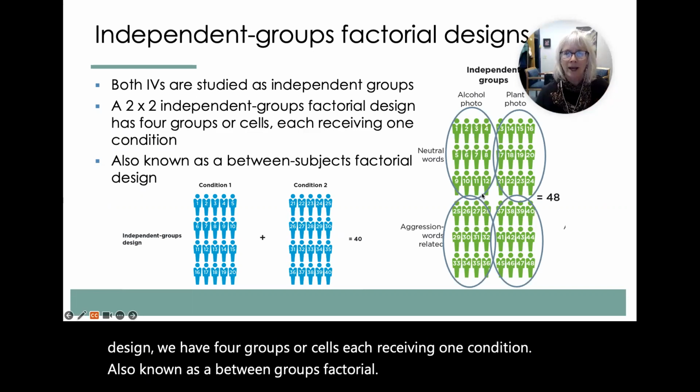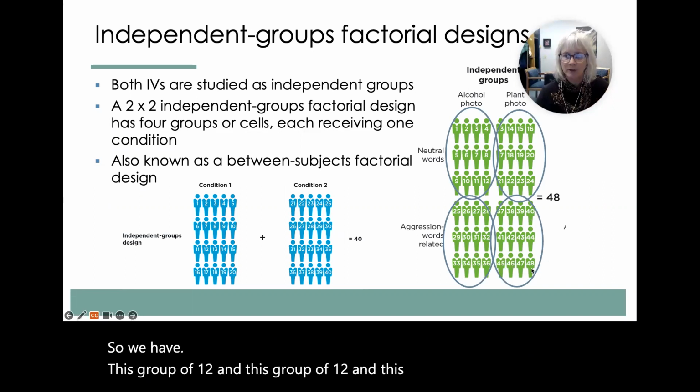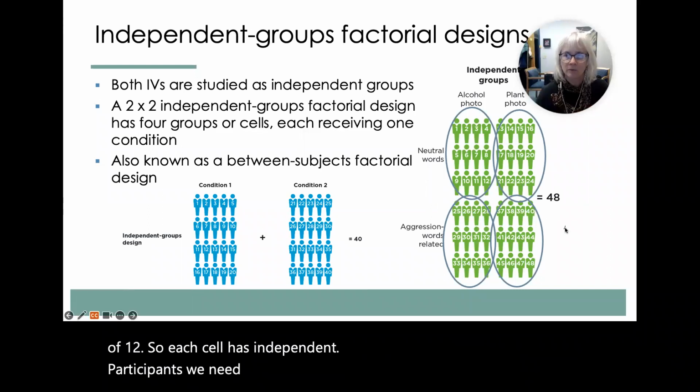So we have this group of 12 and this group of 12 and this group of 12 and this group of 12. So each cell has independent participants. We need 48 total.